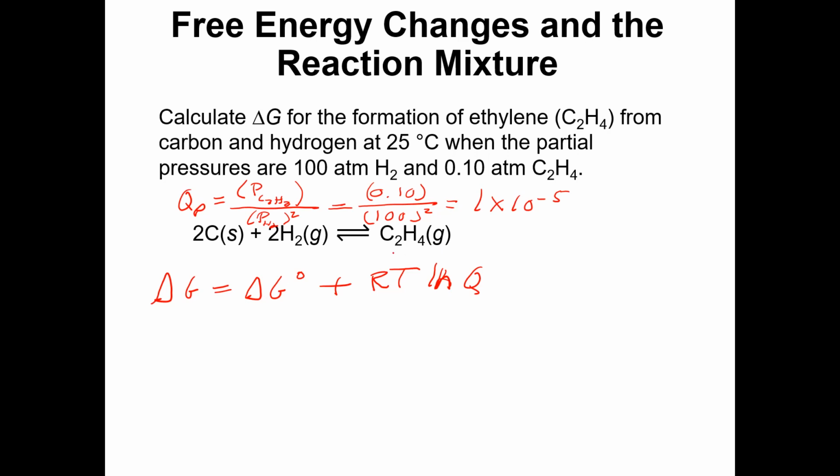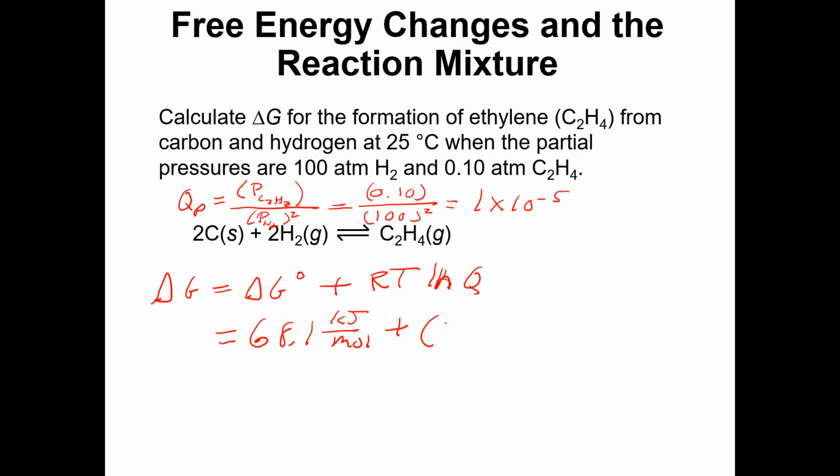If you look up the delta G naught for the formation of C2H4 from carbon and hydrogen, you will find that it is 68.1 kilojoules per mole.